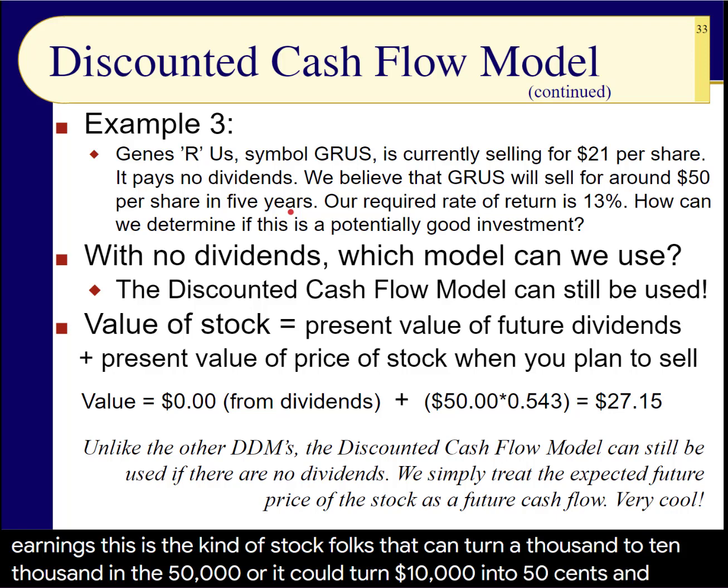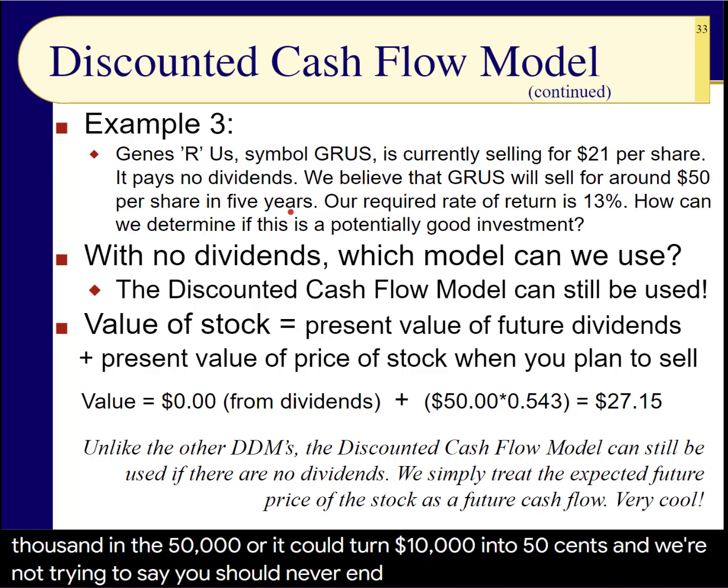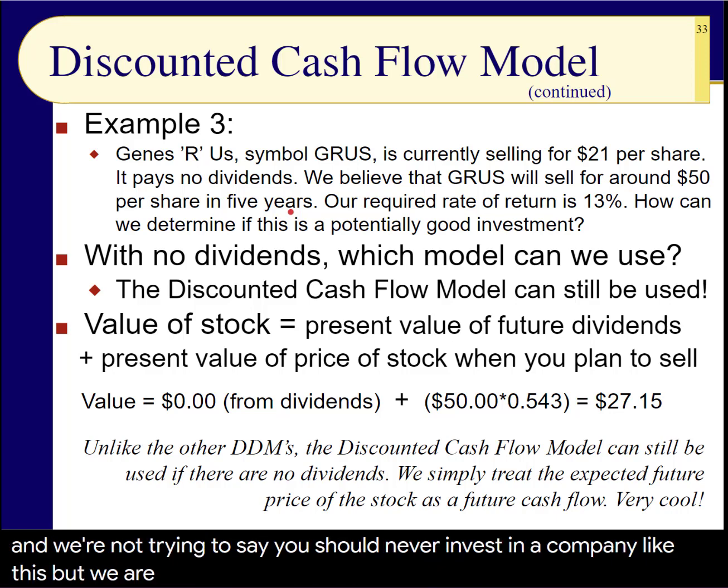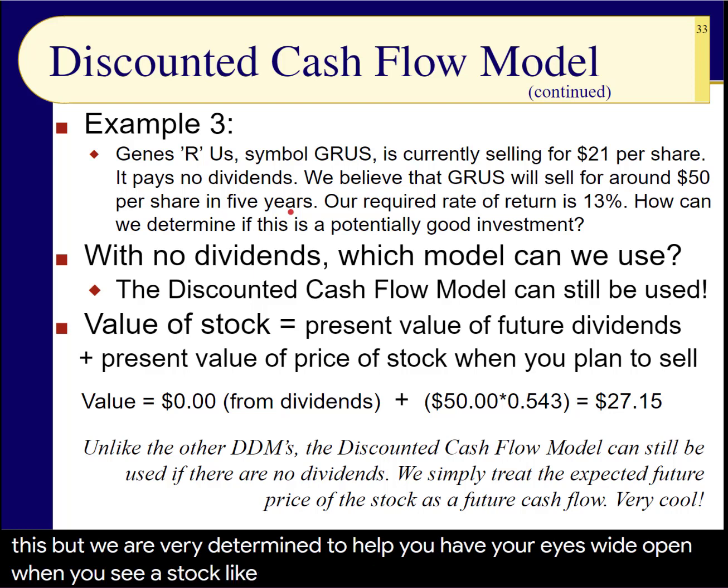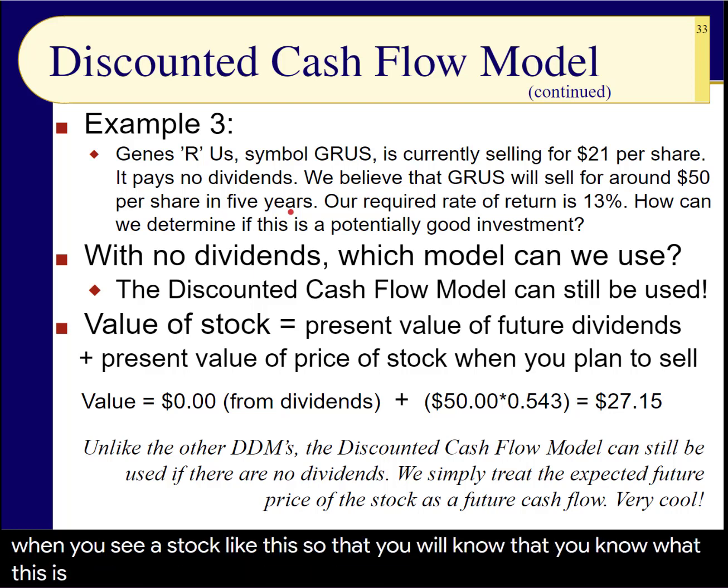And we're not trying to say you should never invest in a company like this, but we are very determined to help you have your eyes wide open when you see a stock like this, so that you will know that, you know what, this is real dicey.